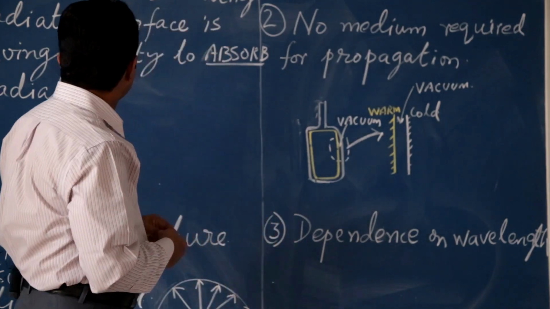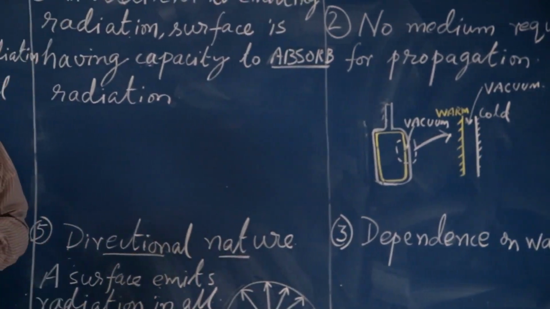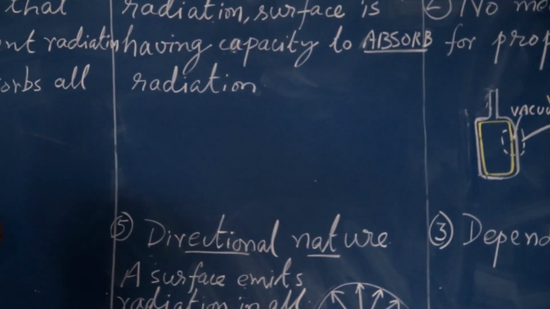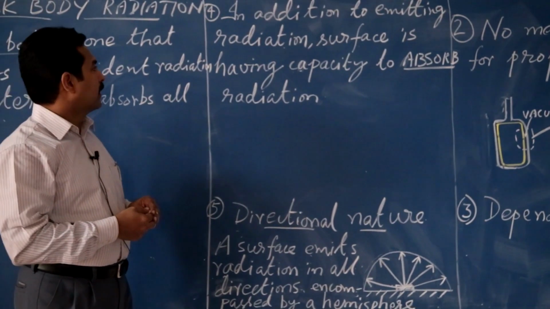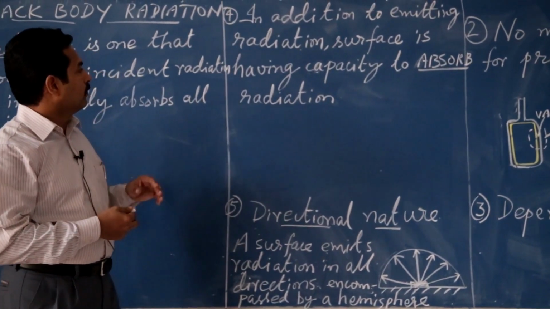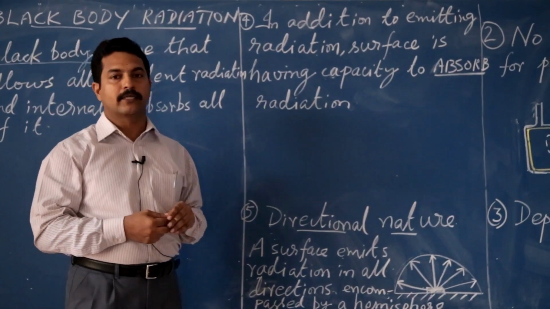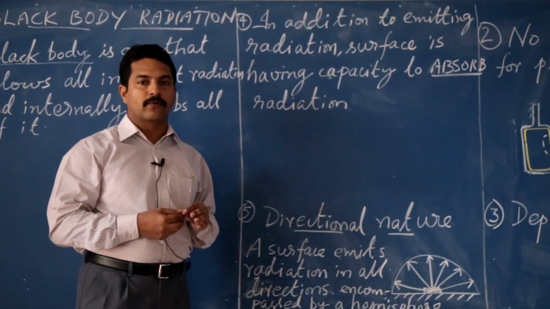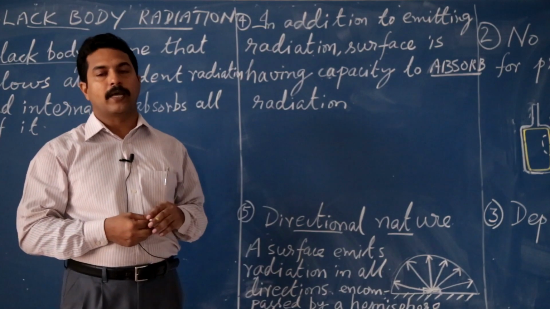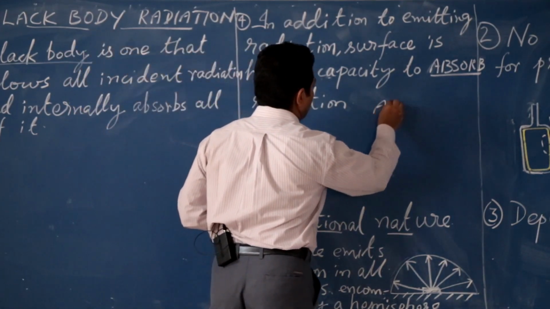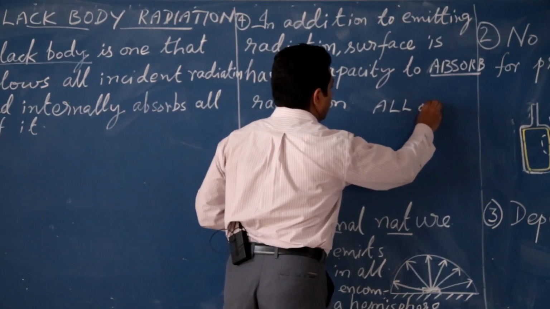Now we have to define a new concept. In addition to emitting radiation, a surface has the capacity to absorb radiation also. The surface can emit as well as absorb.